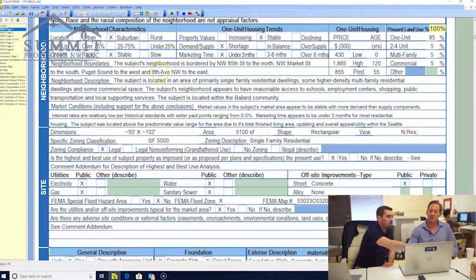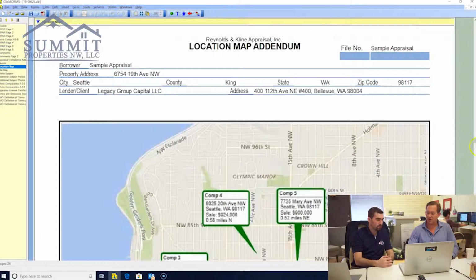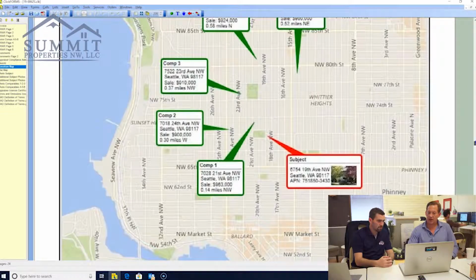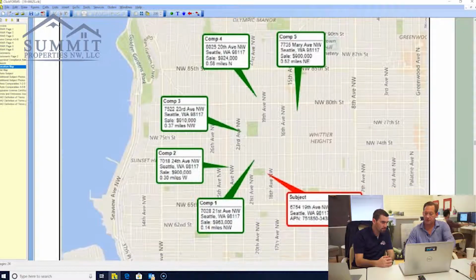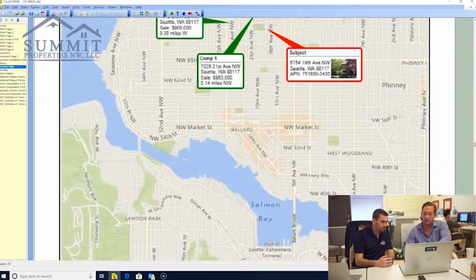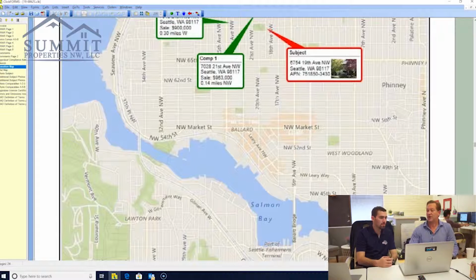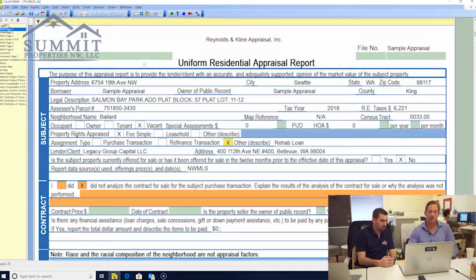We could go right to the location map here. 85th is right there, and then Market right there, Puget Sound there, and I can't remember what we used to the east, but usually like I-5, something like that. So just Ballard in general. Makes sense.